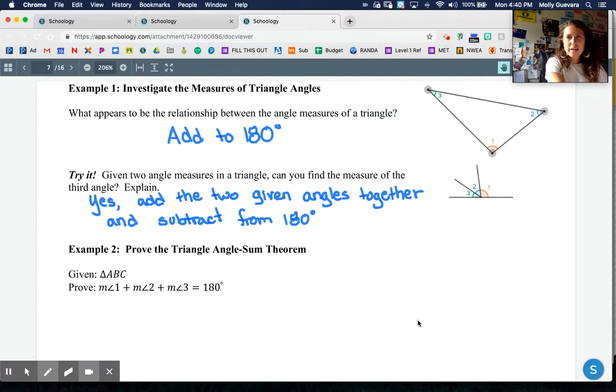So not too bad there, right? If I know 2 of the 3, I can just add them together and then subtract it from 180, and that'll tell me what the third angle is.